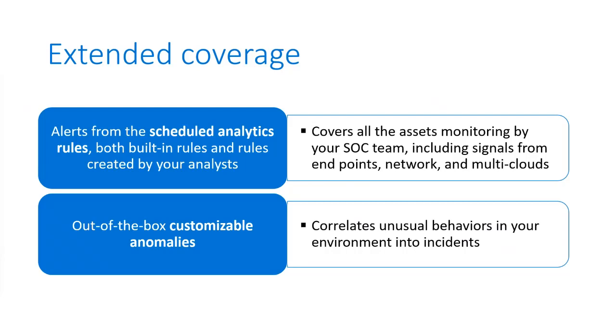So this is where ML can help. Currently, there are about 40 customizable anomalies, and there are more coming up. With the ML-based customizable anomalies and the new set of Fusion ML algorithms, Fusion can correlate the unusual behaviors in the environment with other suspicious signals. So this is a great addition to help improve the detection quality and can also help provide more evidence during your investigation.